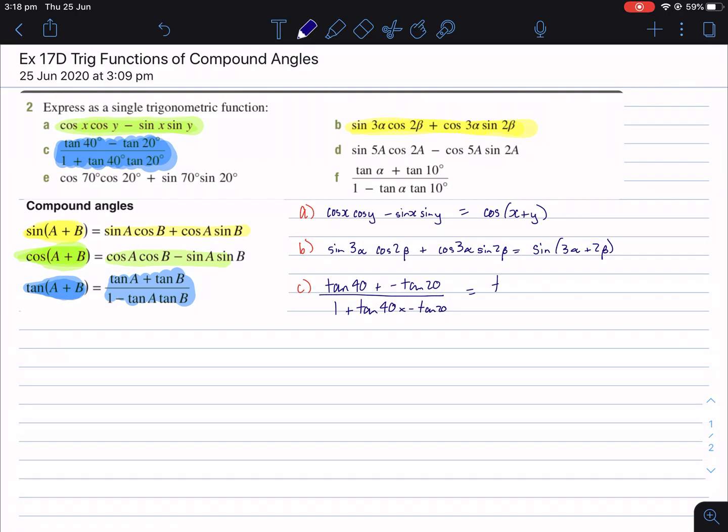And that's the same as tan 40 plus tan negative 20 over 1 plus tan 40 tan negative 20. So I reckon we've got tan 40 plus negative 20, which is just going to be tan 20.